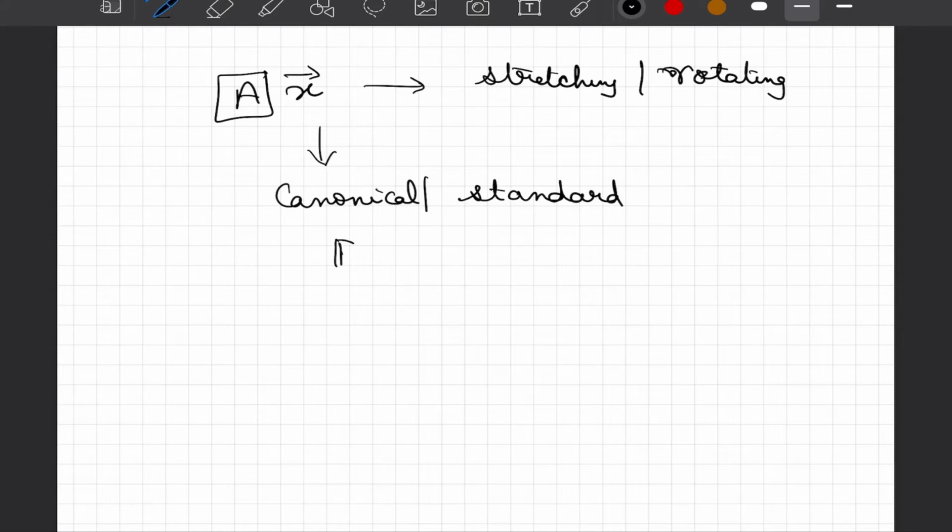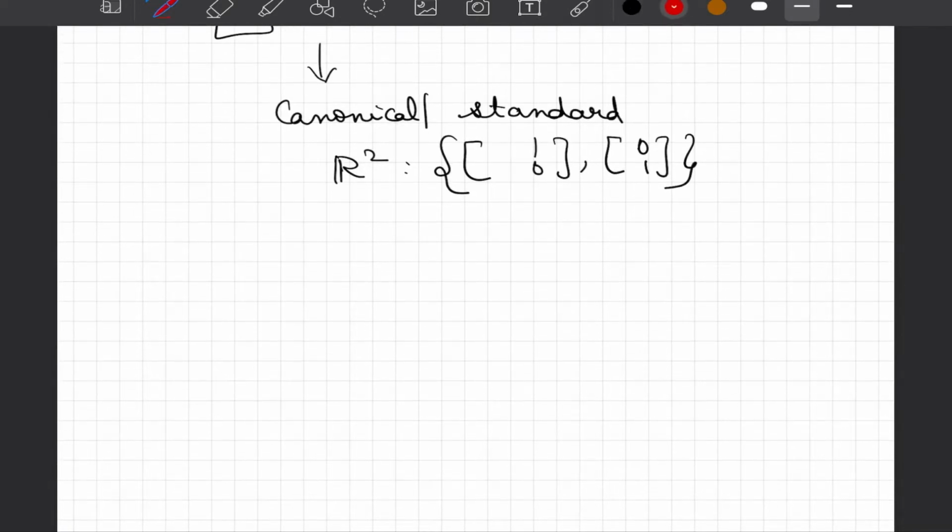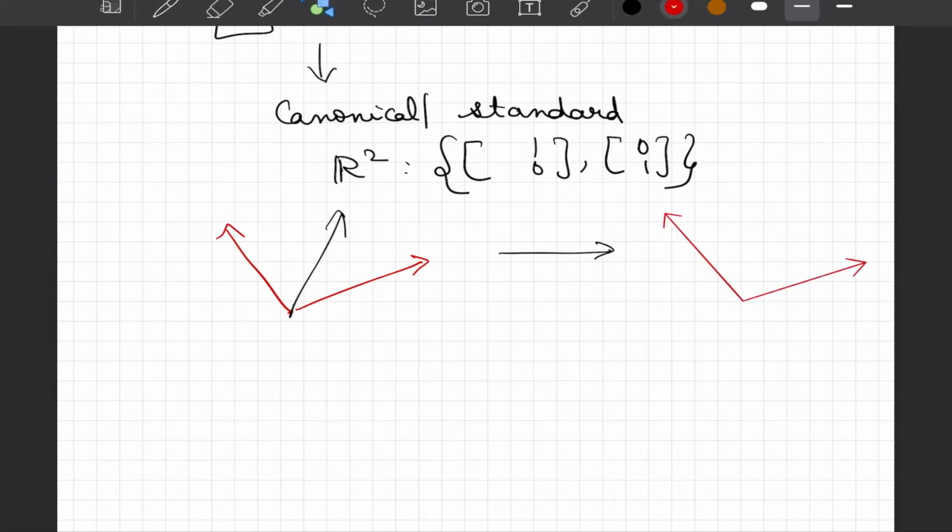That is, if we are in R square, we would know this A with respect to the basis (1, 0), (0, 1). However, in real data science challenges, sometimes we may be presented with a non-standard coordinate system. So our vector remaining the same, we still want to rotate it by 30 degrees.